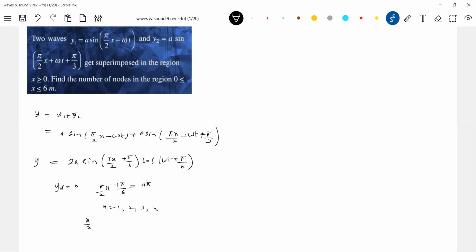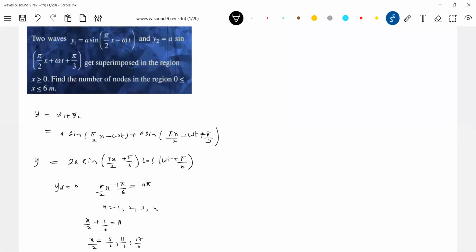So x by 2 plus 1 by 6 is equal to n pi. Pi will not be there. Any value of x will be 5 by 6. Next again will be 11 by 6, 17 by 6.